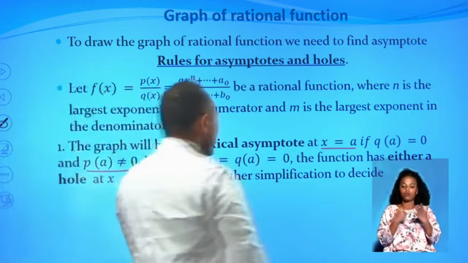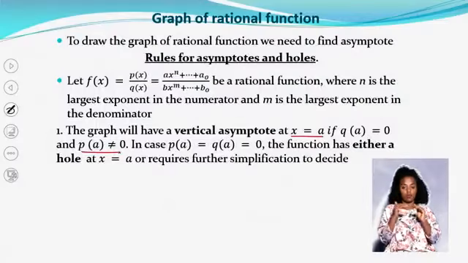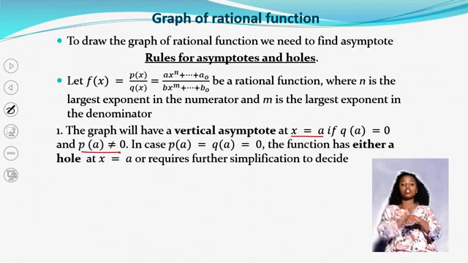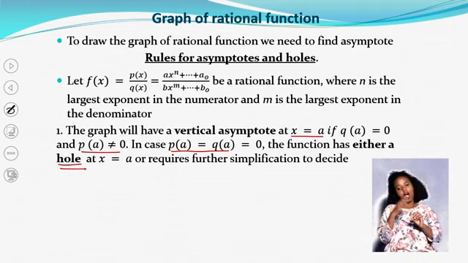So x equals a will be a vertical asymptote if this x equals a makes the denominator 0 and the numerator different from 0. In case this a makes both numerator and denominator 0, the function will have either a hole at x equals a or requires further simplification.